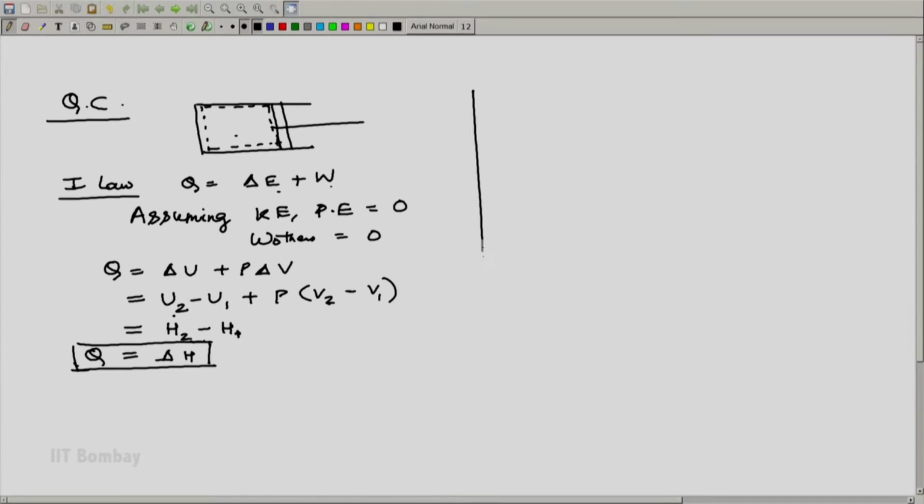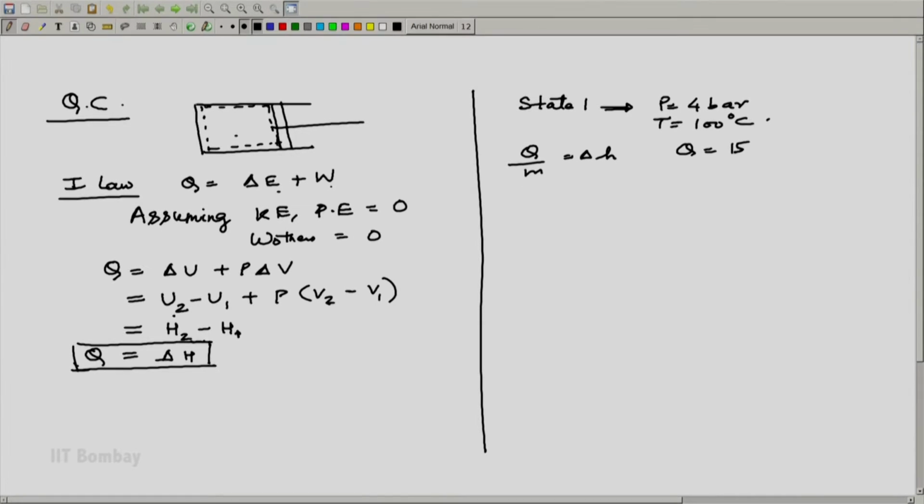Now, we see that the state 1 is at P equal to 4 bar, pressure is 4 bar and T equal to 100 degree centigrade, and we also see that Q upon M is equal to delta H. If I just write capital H as small h, specific enthalpy change that we are writing, Q is equal to 1500 kilojoule per kg.